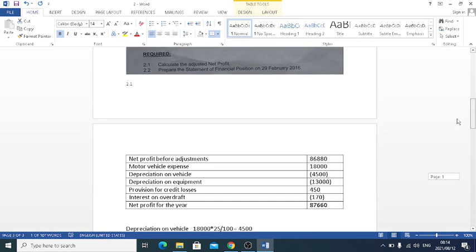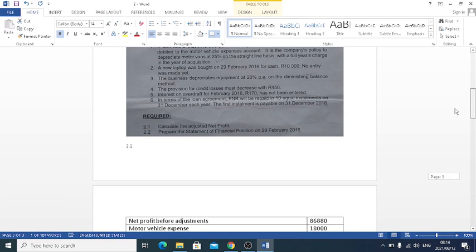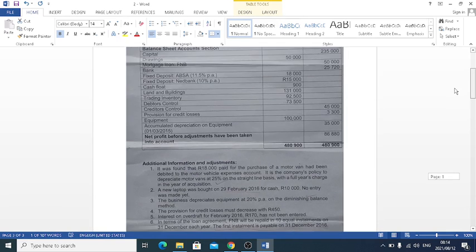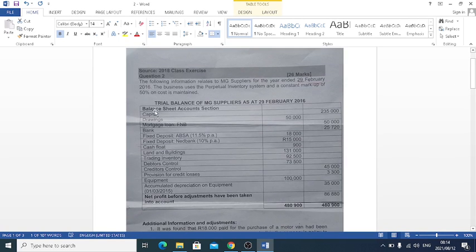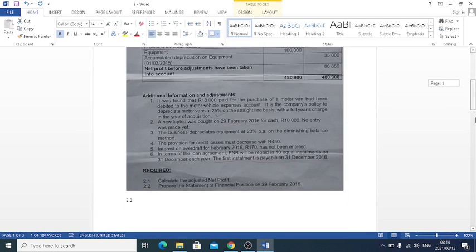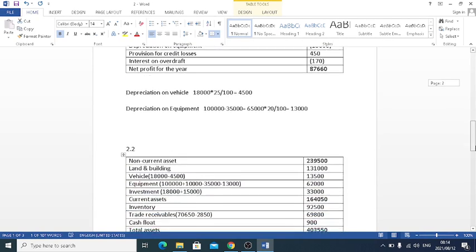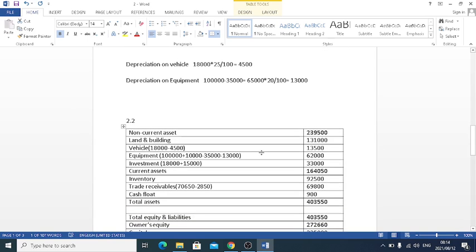Now we're going back to our 2.2. In answering the statement of financial position, we're going to look for information inside the trial balance. It starts with our non-current assets. We're going to look for all the non-current assets and record the closing balance amount.